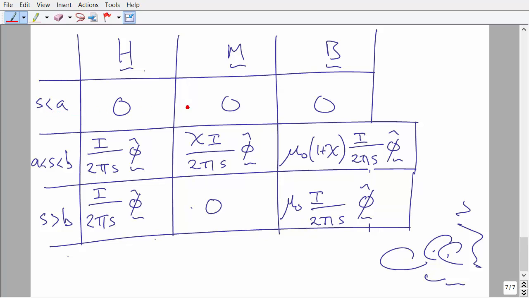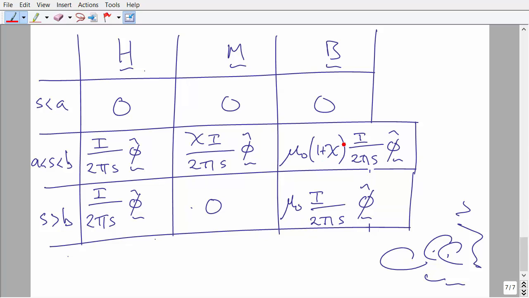Inside the inner conductor, all three fields are equal to 0. In the region between the conductors and outside the conductors, H is the same. Outside both conductors, M is 0 because there's no magnetic material, but between the conductors M is non-zero.